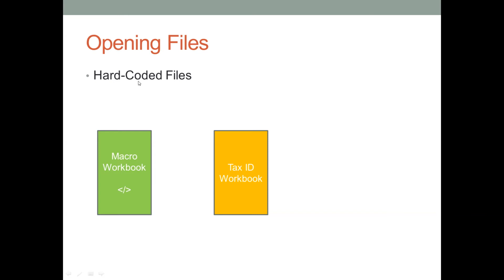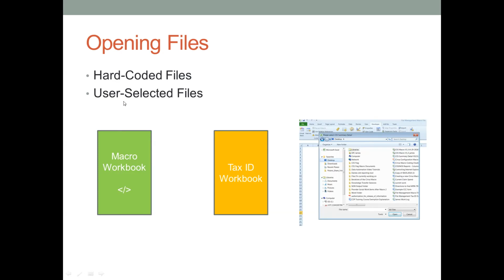We can hard code this file name. If we know that this is always going to be the file we want to open, and it's always going to be in the same position, we can hard code that file name, and I'm going to show you what that looks like. Another way to do it is to code in a pop-up dialog box where the user actually goes and selects the file that they want to open. Now, this is pretty clever and useful. So there's two ways we're going to learn how to do it right now.